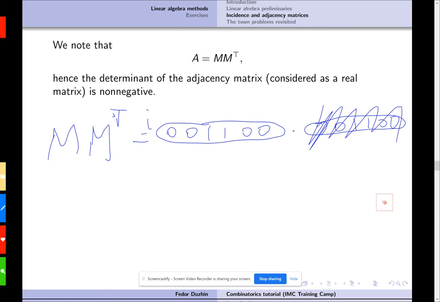So maybe row I and another row J. So say 0, 0, 1, 1, 1, 1. Right? So it means that element I belongs to blocks 3 and 4, and element J belongs to blocks 3, 4, 5, and 6.